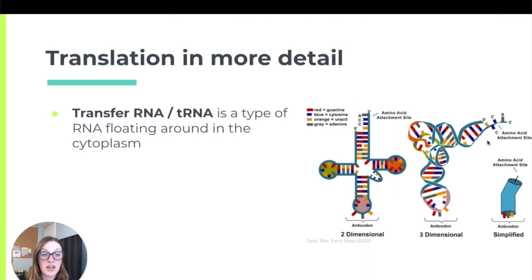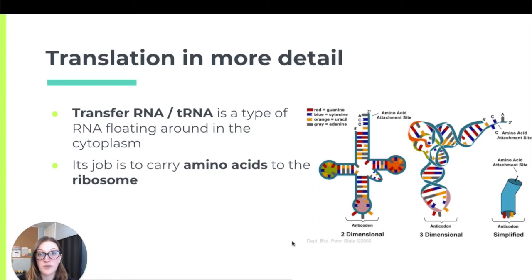In its actual 3-dimensional folded shape, it looks more complex like this, and we usually see it simplified in a number of different ways. It will always be attached to an amino acid if it's being used in building the protein. So the job of the transfer RNA is to carry amino acids to the ribosome.